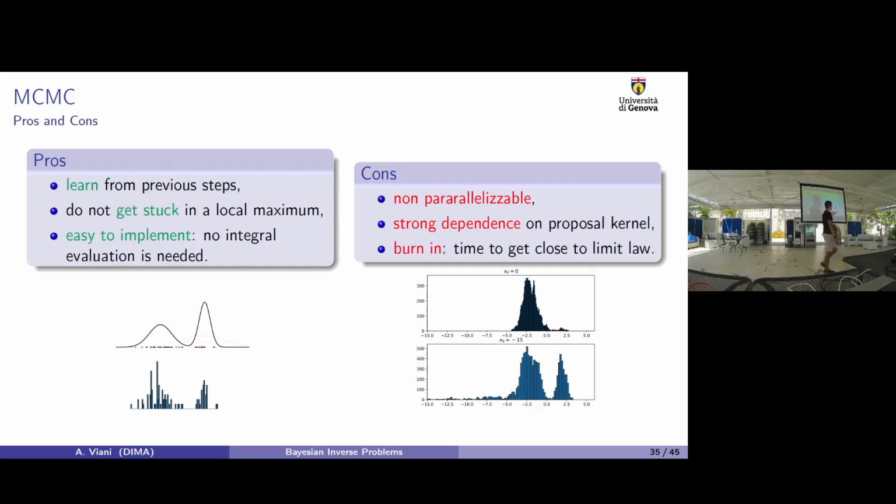Otherwise, if I start, for example, here I started in 0, okay, you say I'm cheating. I start from 0 and I can use all the samples, all the moves, to approximate the posterior distribution. Here I started in minus 15 and I spent a lot of time reaching the high probability region. And this is called burn-in.